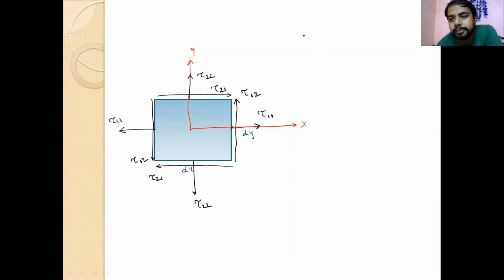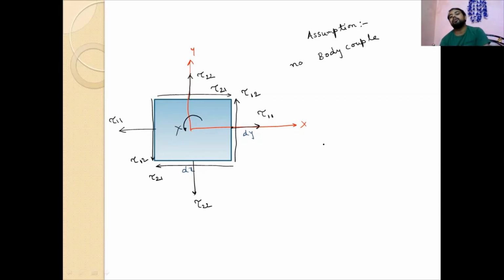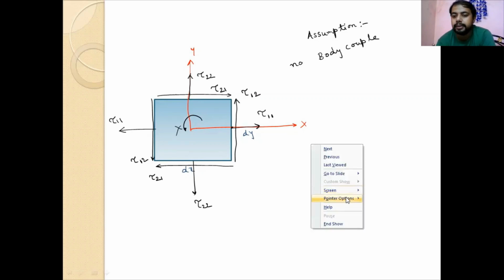Now some assumptions will be put here. The most important assumption in the fluid dynamics, viscous fluid flow chapter is that the body couple is not present here. So no body couple over the element.